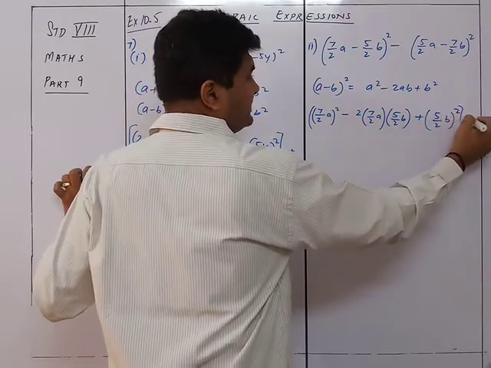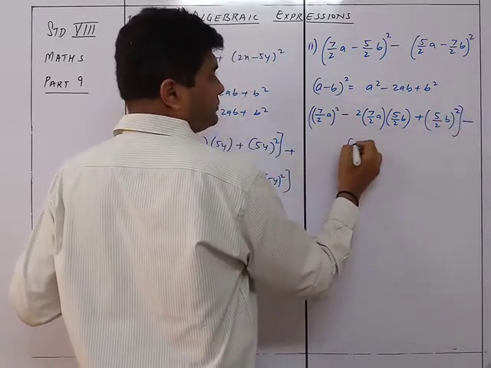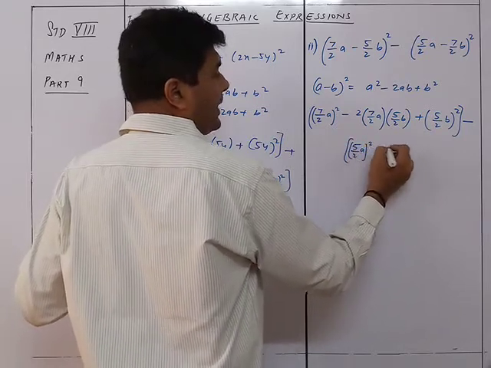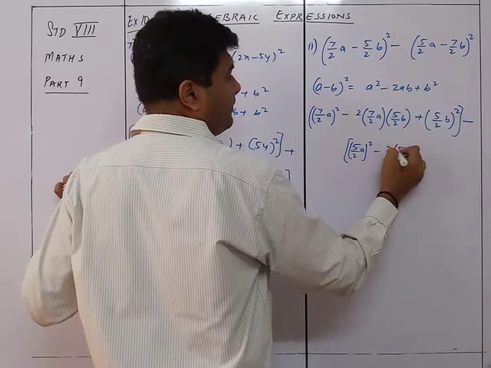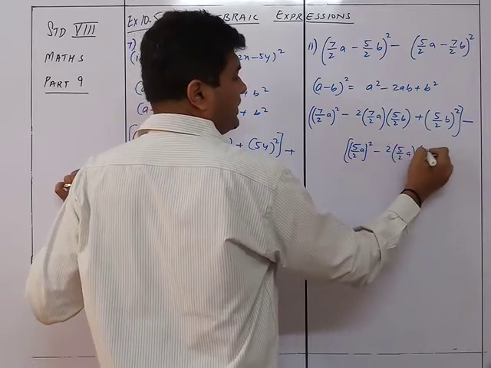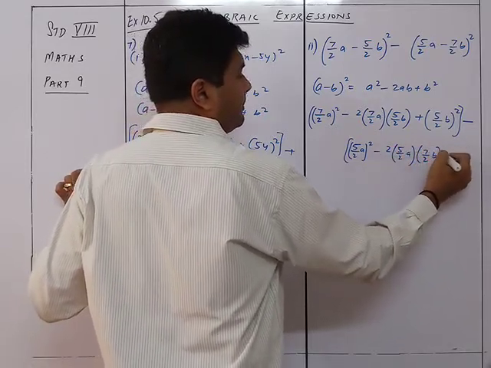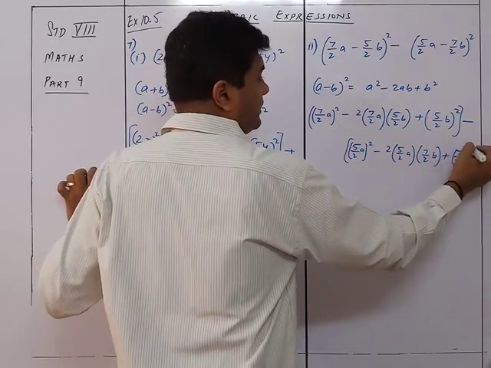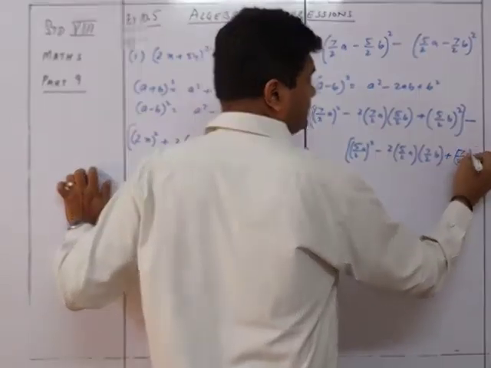Now minus sign, second bracket, 5 upon 2a the whole square minus 2 into 5 upon 2a into 7 upon 2b plus 7 upon 2b the whole square, bracket closed.